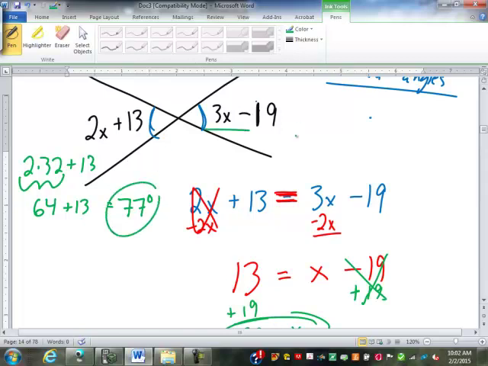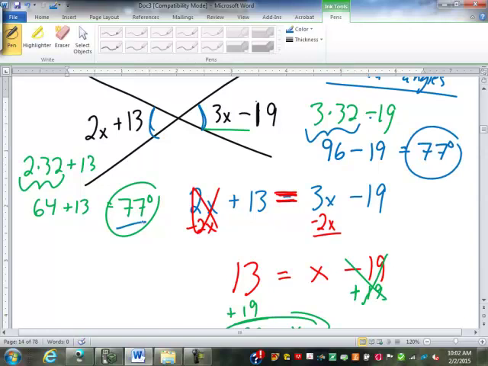Now we want to double check over here, make sure we get the same number. 3 times x will become 3 times 32 minus 19. 3 times 32 is 96. So 96 minus 19 is 77 degrees. So we get the same answer. So that tells us there's a good chance we're correct there.